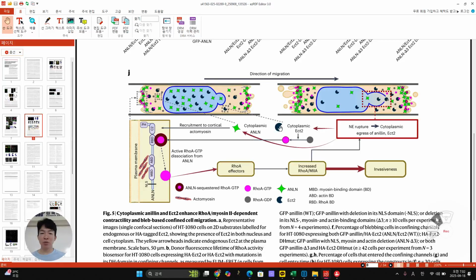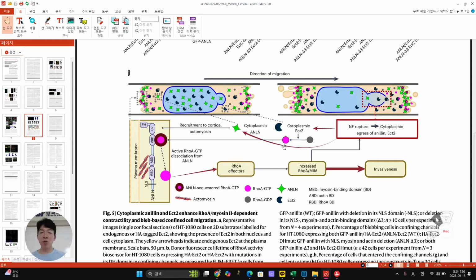So this is Actin 2, this is anillin. First, RhoA GTP is needed to activate myosin activity. One thing is that RhoA GTP is needed to generate some power.